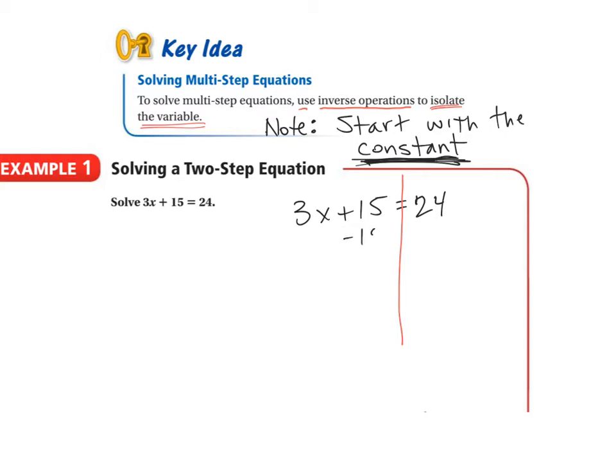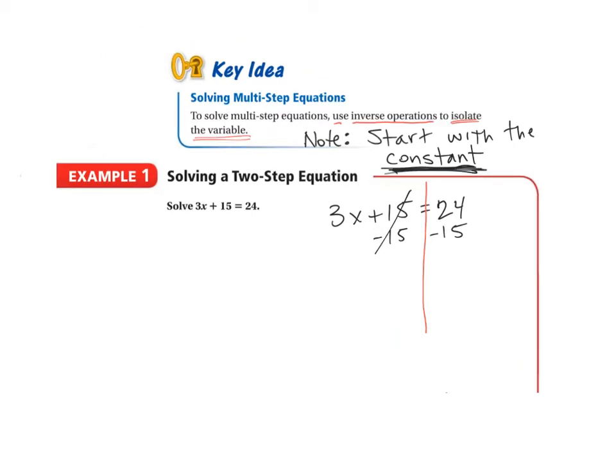So we're just going to subtract 15 from both sides. We're going to go 24 minus 15, which would be 9. Oh, lost my pen. There we go. Should be 9. And then we're going to have 3x, right? We got rid of those. We have 3x left. Divide both sides by 3.